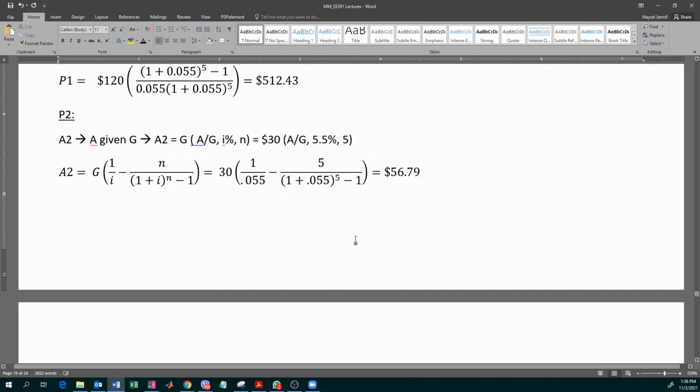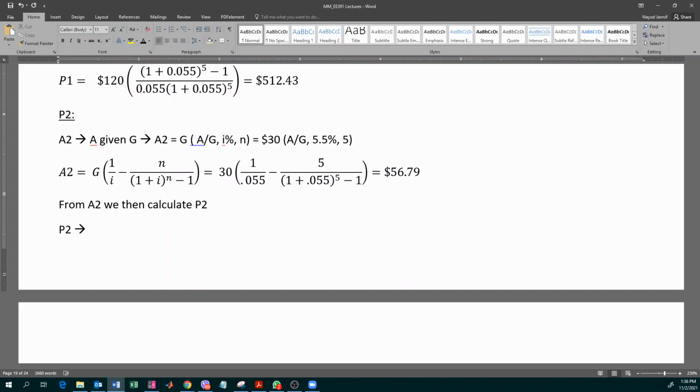Now, after we've calculated A2, from A2 we then calculate our P2, right? So what formula do we use?